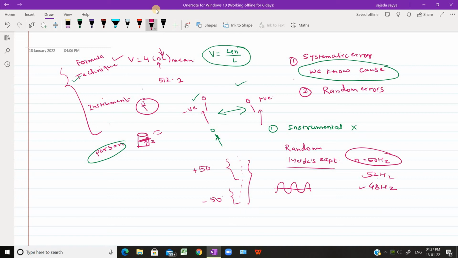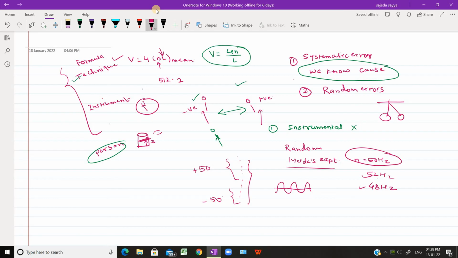Let me give you examples of how random error occurs. Suppose in a simple pendulum experiment, you are asked to find the time period of the simple pendulum, and you have started a stopwatch.